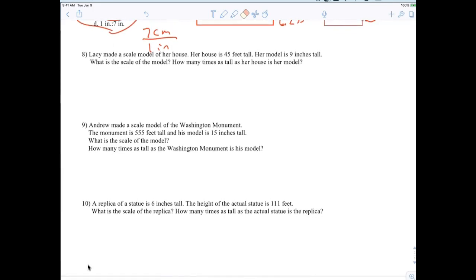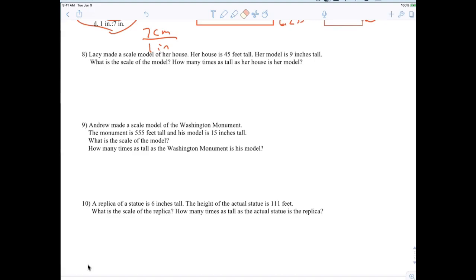All right, number 8. Lacey made a scale model of her house. Her house is 45 feet tall. Her model is 9 inches tall. What is the scale of the model and how many times as tall is her house? All right, so here's my recommendation on this.